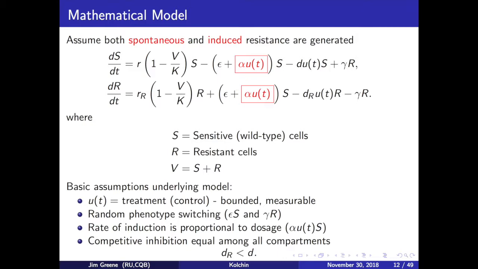But maybe keeping the sensitive cells around to keep the resistant cells in check is an interesting question. That's the idea of leveraging competition. There's a lot of experimental, even clinical, evidence suggesting that not killing everything is actually beneficial, because there's competition between the two.